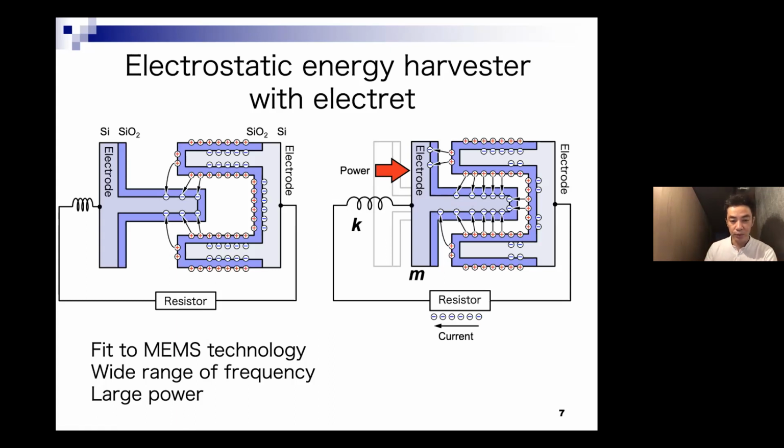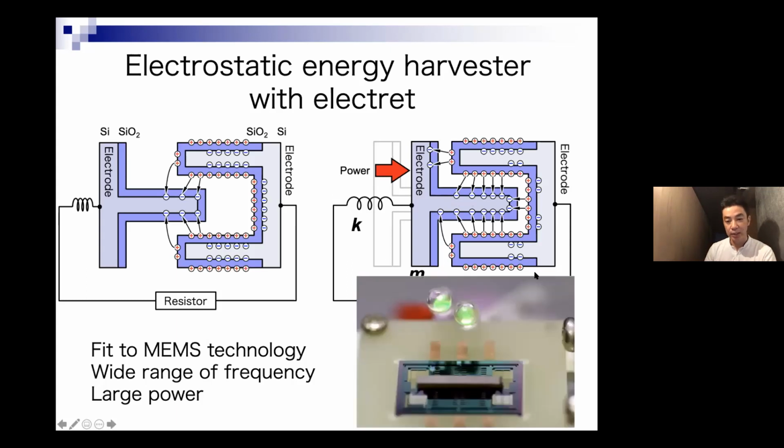This method is fit to MEMS technology, because we want to enhance the surface area. Using MEMS technology, we can make a very tiny structure to enhance the surface area.